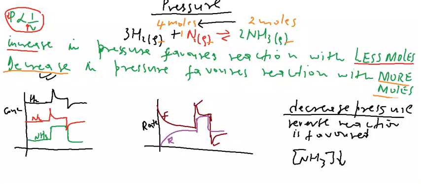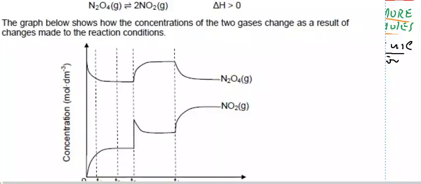Now let's look at this reaction. In this reaction we have N2O4, which is the reactant. It is a reactant because it is on the left. Then we have NO2.